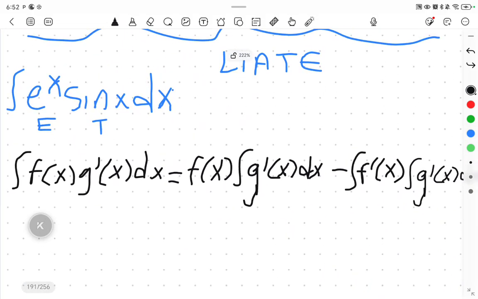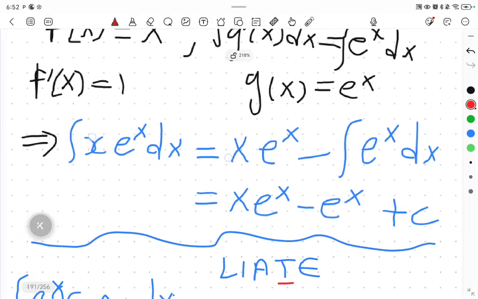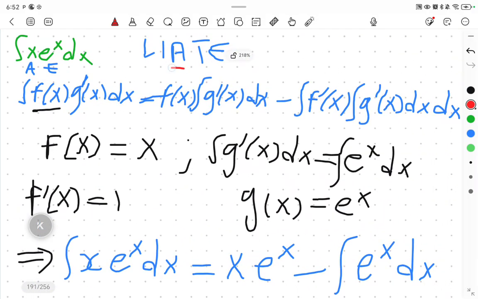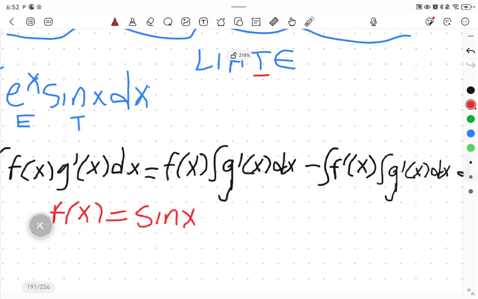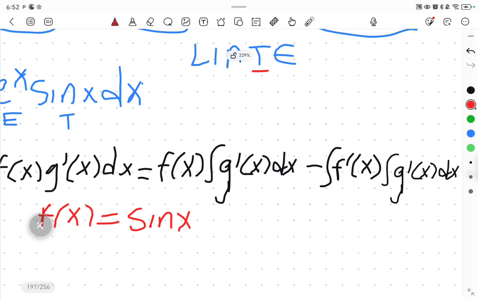Then I know what I need. I need f of x, which is the one that came first, sine x, which is trig. It came first. Here, algebra came first. So I find f prime of x. I need f of x, I need f prime of x. F prime of x will be cos of x.